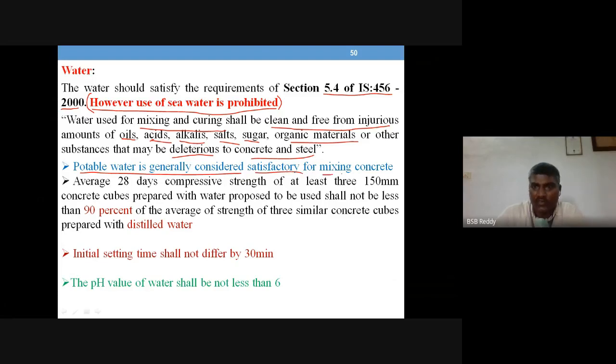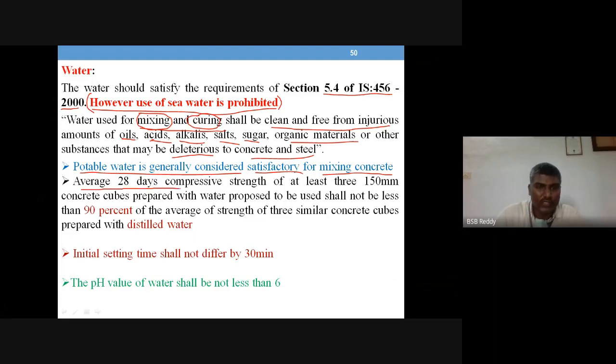So the water that is potable, normal drinkable water, is considered suitable for use in concrete, both for mixing as well as curing.